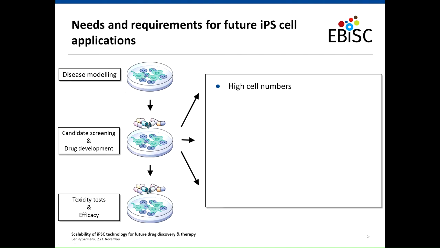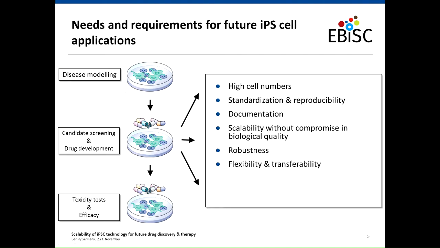What you need for future applications is, at first, high cell numbers to really make your screenings and to test your drug candidates. You need a high rate of standardization and reproducibility. The documentation has to be very good during the whole process. You need scalability without compromise in biological quality. That means it should not have an effect if you cultivate your cells in a small petri dish or even in large T175 flasks. Of course, your workflow and the cell production has to be robust.